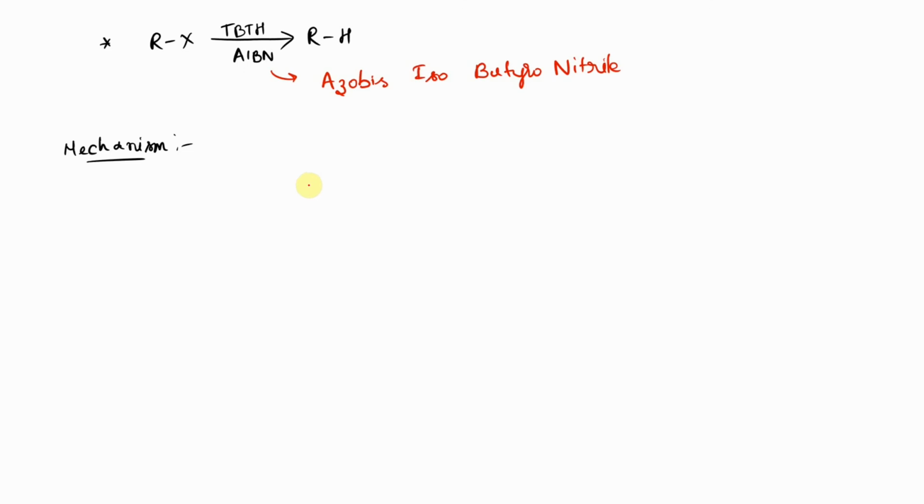The structure of this compound is as follows: we have an N double bond N at the center, and it is attached with a group, that is CH3 and one more carbon, but this carbon is attached to a nitrile group, C triple bond N. On the other side, it is in the same manner, CH3, C triple bond N. So this is the side reagent used for this reaction.